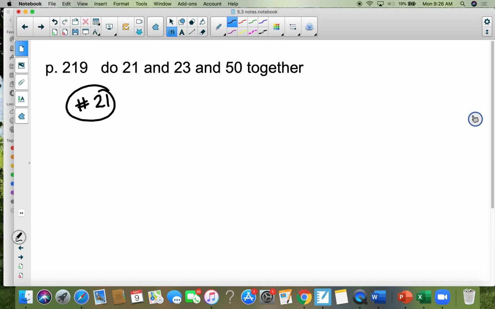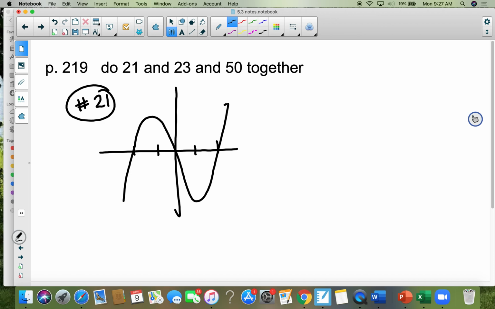And this is what it looks like. You can skip over these. You do not have to do these problems, but I wanted to go over them with you so that you understand that this, on number 21, is f of x.